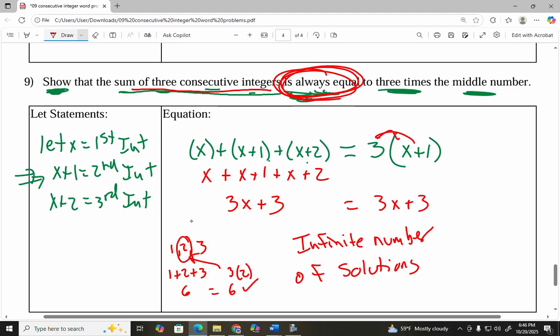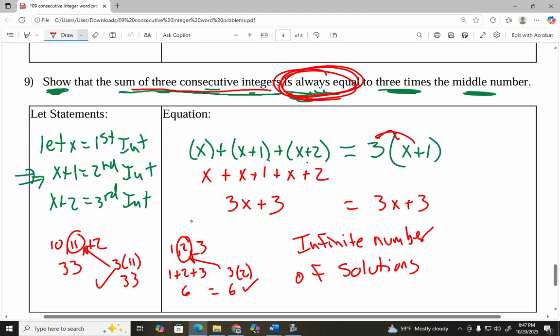Hey, look at that. I just randomly picked 3 integers and it worked. And you could pick another 3 to prove it. 10, 11, 12. The sum of those is 33, and 3 times the middle is 33. Look at that. It really does always work.